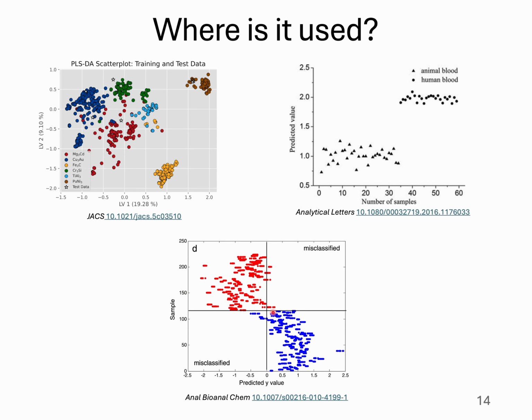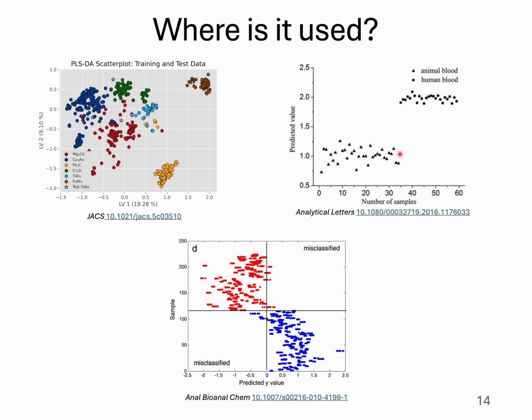And here we can see how it's used in chemistry research. Here is our paper, and it is published. Here we made a classification of the binary structure types and made some predictions from it. In most cases, PLS-DA is used by biochemists to separate different samples from each other.